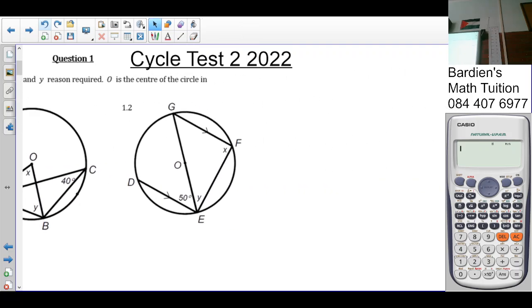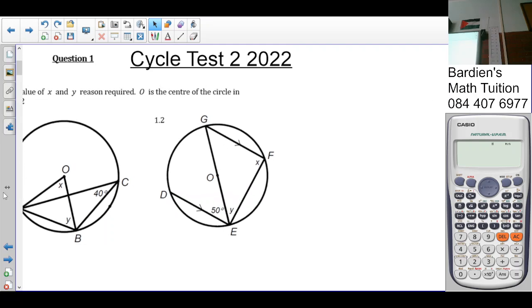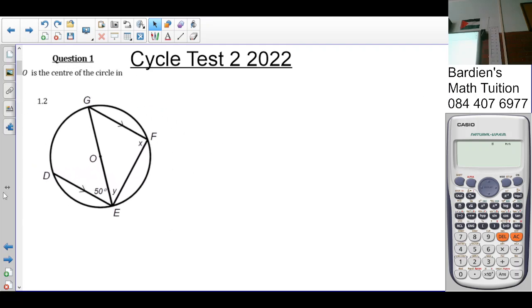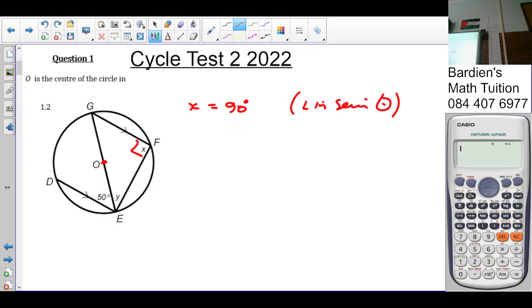Let's look at 1.2. In question 1.2, there's your diameter, so x is 90. Why is x 90? Angle in semicircle. Now what do we see? We see our co-interior angles.